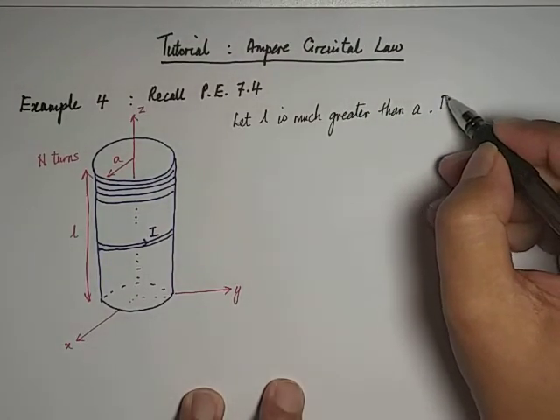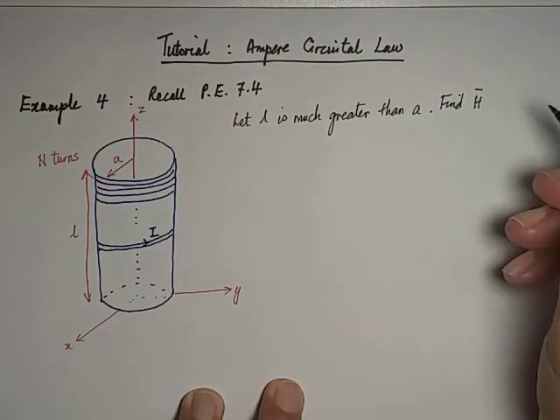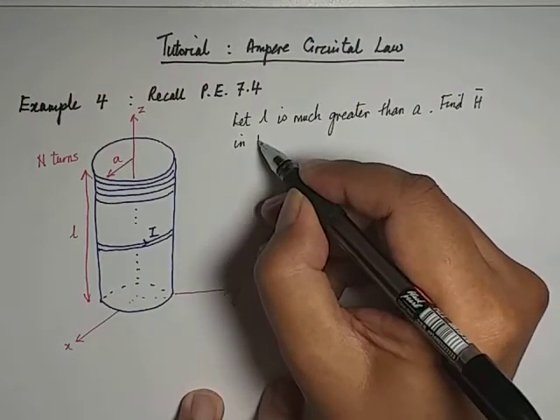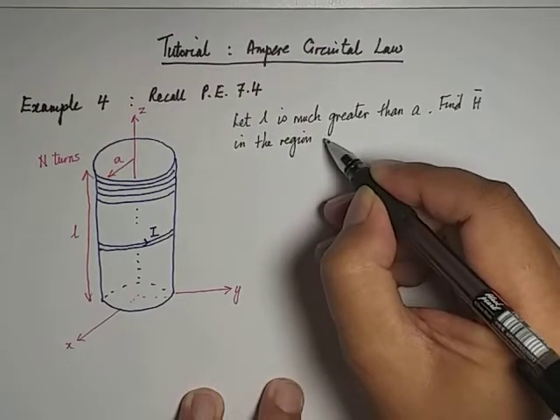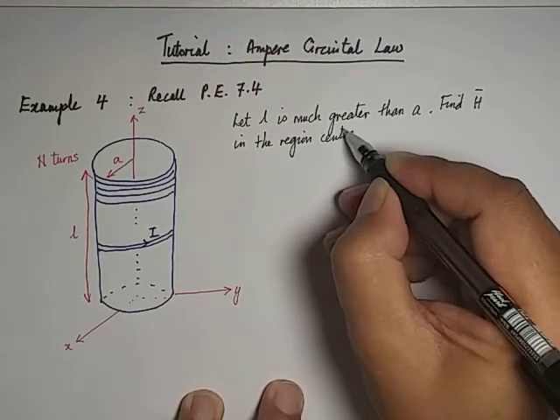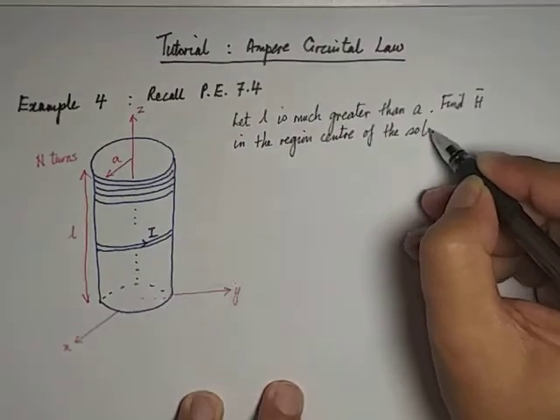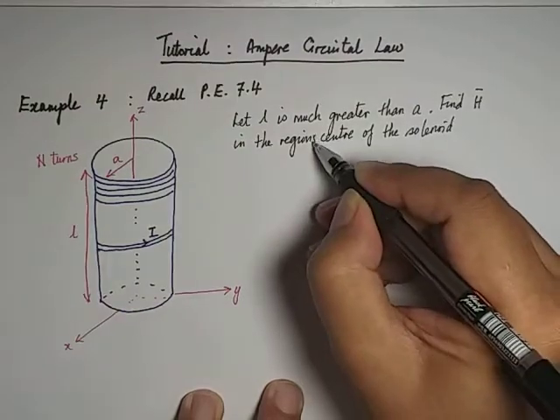Find H, known as the magnetic field intensity, in the region at the center of the solenoid.